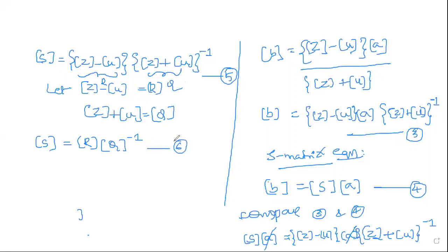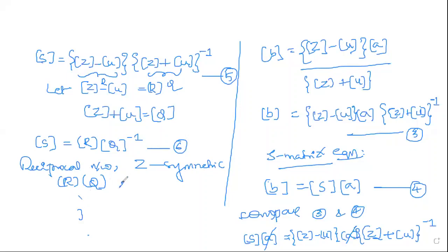Now you know that for a reciprocal network, the Z matrix is symmetric. Hence, R and Q also should be symmetric. In the previous topic we saw that for any reciprocal network, the Z matrix is symmetric. Since your Z matrix is symmetric, this R matrix also will be symmetric, and the Q matrix will also be symmetric, because you're considering a reciprocal network here also.